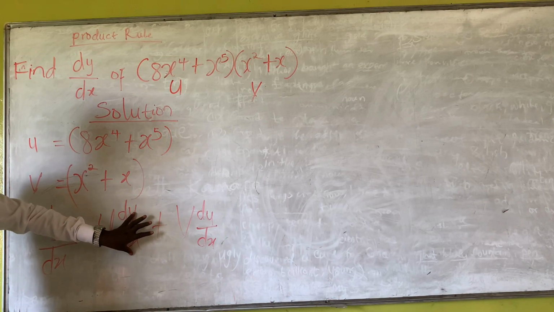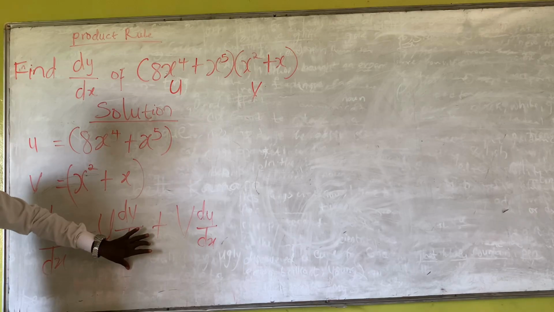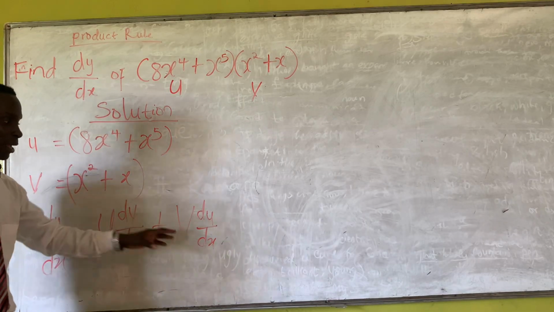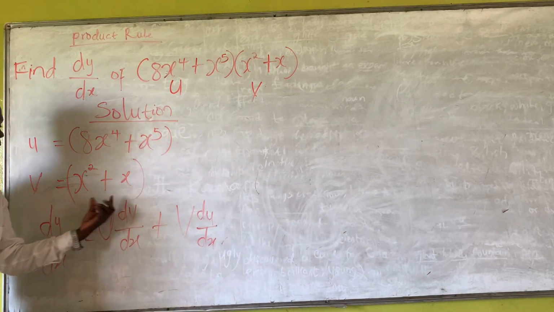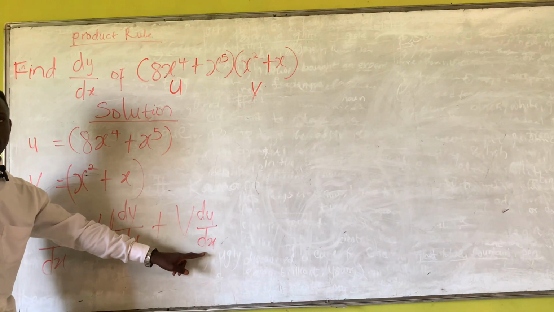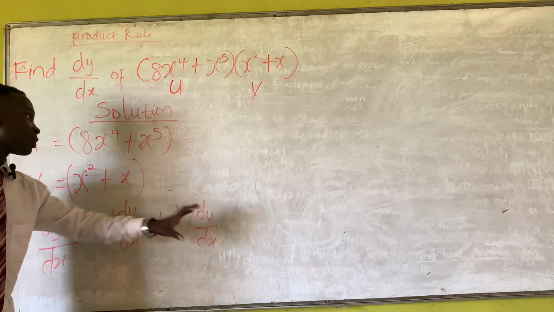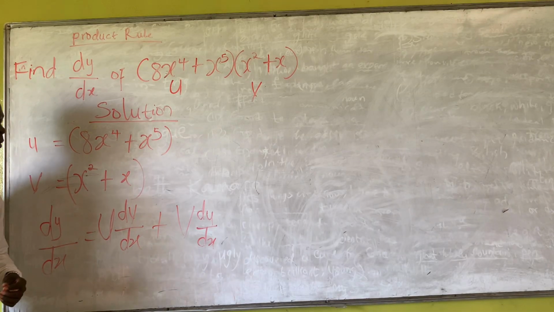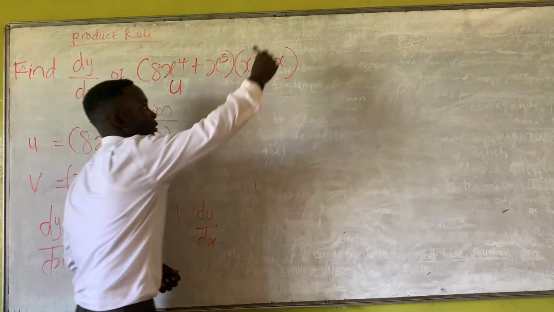Then how do we get our dv/dx? To get dv/dx, we have to differentiate our v here with respect to x. Then here you have v, which is this, multiplying du/dx. To get du/dx, we have to differentiate our u with respect to x. So let's do that differentiation.